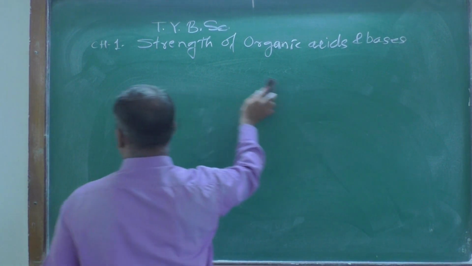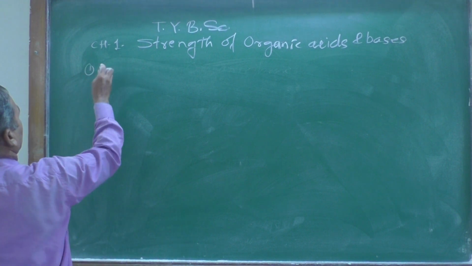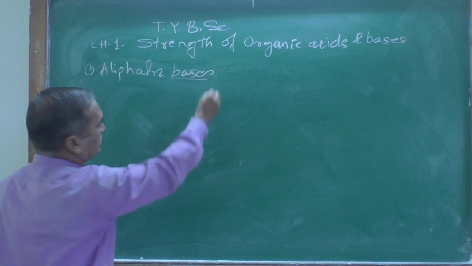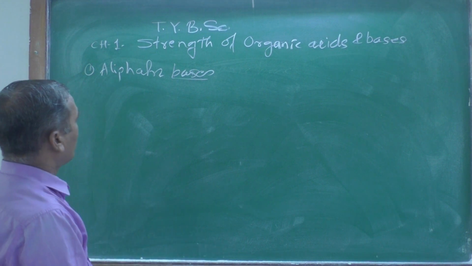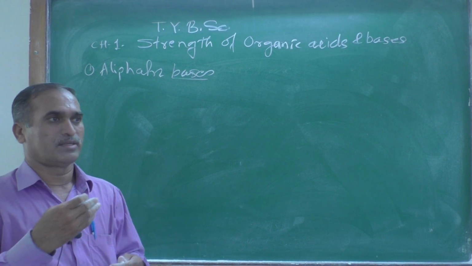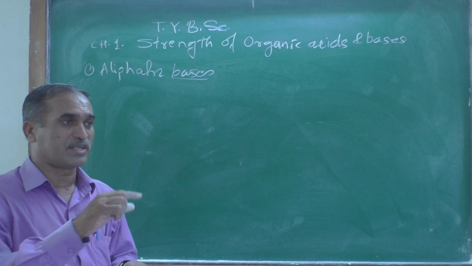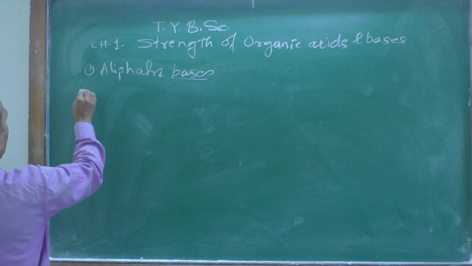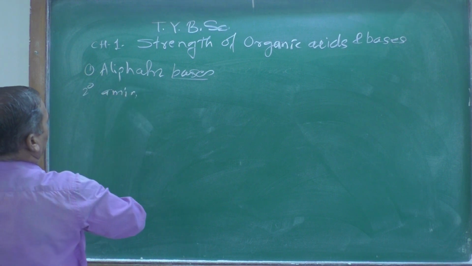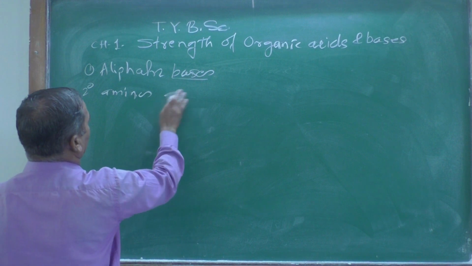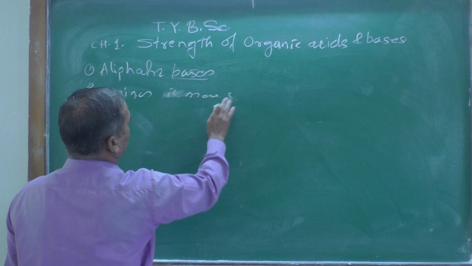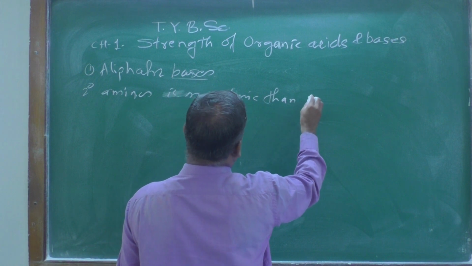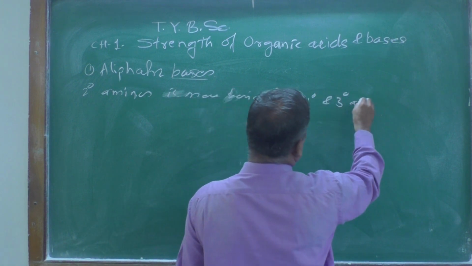So the first one is aliphatic bases. Here we are going to learn some applications of aliphatic bases. Generally, the application may be like this, our question may be: secondary amines are more basic than primary and tertiary amines.